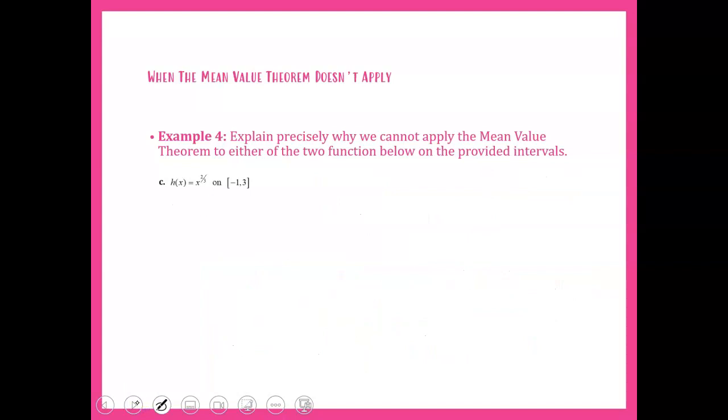Okay, x to the 2/3. So what happens on this graph? Yep, there's a cusp. And where's my cusp going to be? At 0, and 0 is in my interval. So here's the thing: if the interval was changed, then you could do it. That's why it's so important to know where the cusp occurs.